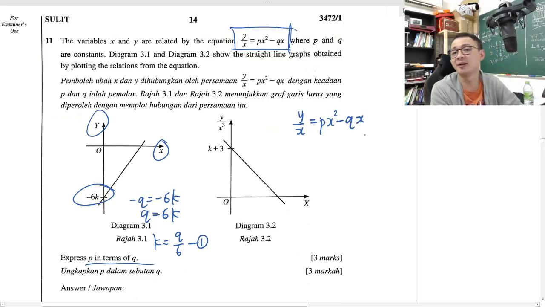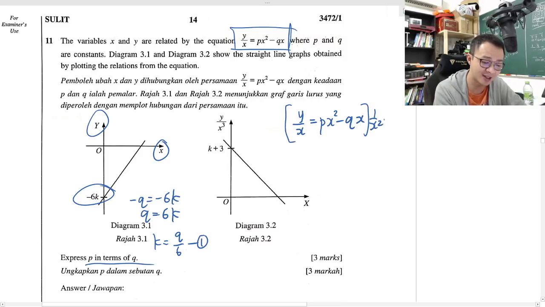So from here, in order to get x cubed, I kind of need to multiply 1 over x squared into every single term, isn't it? So I will get y over x cubed equals p minus q over x.